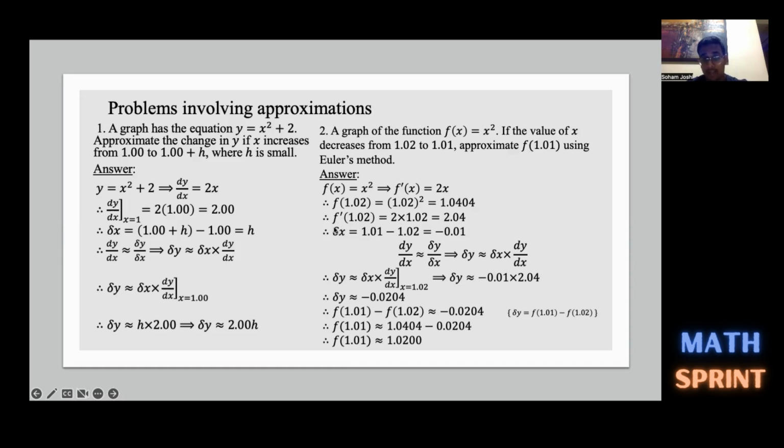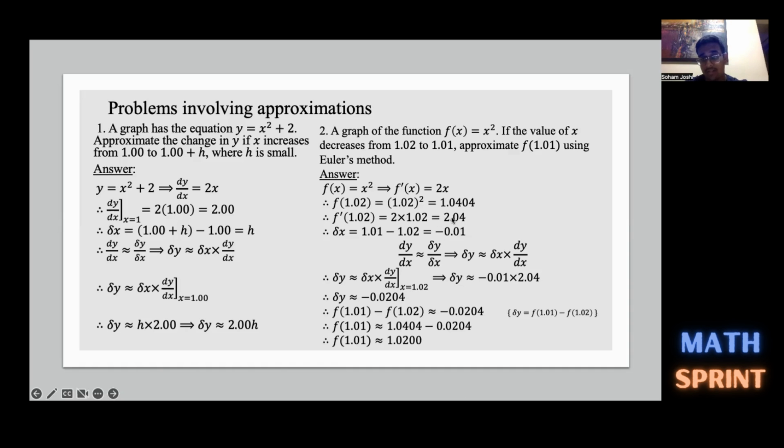So since we know, again, delta x is equal to the final value of x minus the initial value of x, delta x is equal to minus 0.01. And again, we're using the same principle of how delta y by delta x is a fraction, so we can take the delta x here. And after that, we find dy by dx for x is equal to 1.02.